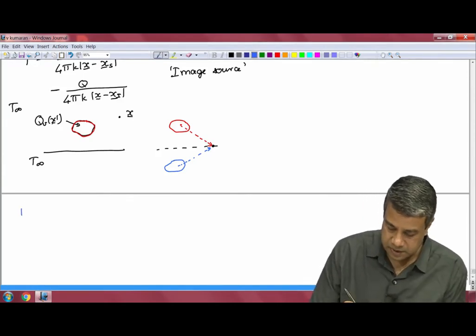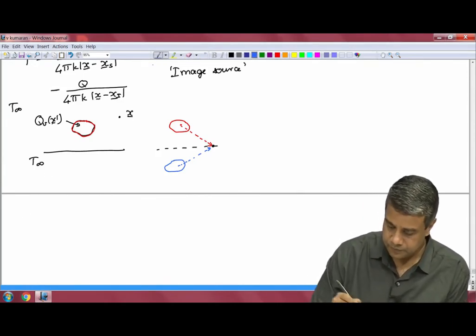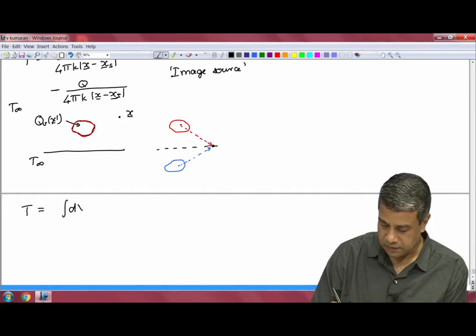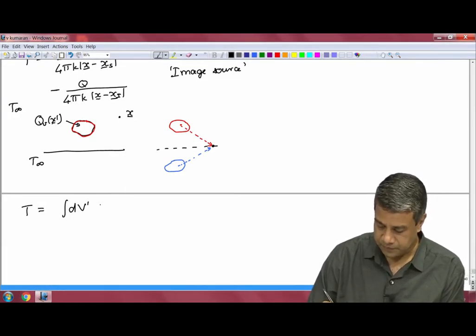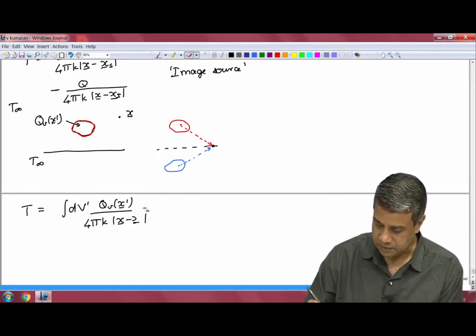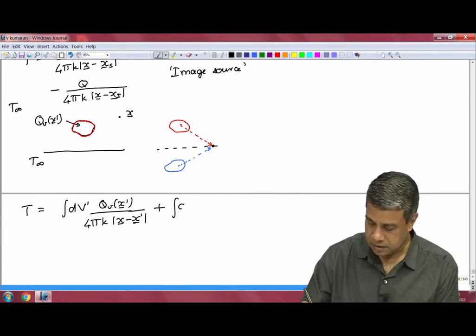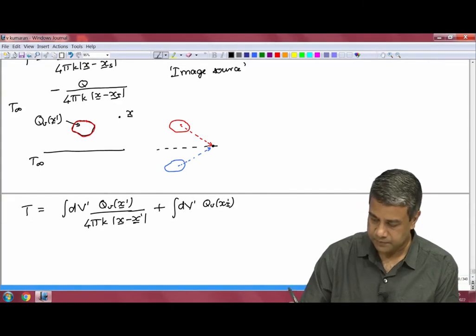So, the temperature will be T is equal to integral dV prime of q_V of x prime divided by 4 pi k times the magnitude of x minus x prime, plus integral dV prime q_V of x_I prime.